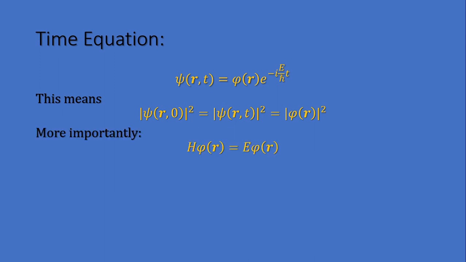More importantly, because the phi function satisfies the equation H phi of r equals E phi of r, that tells us that phi of r is an eigenfunction of H in the language of quantum mechanics with eigenvalue E.